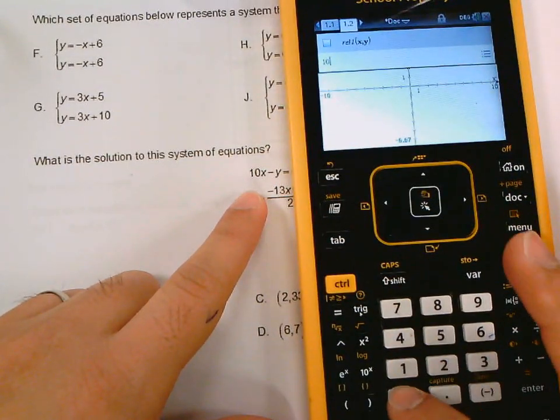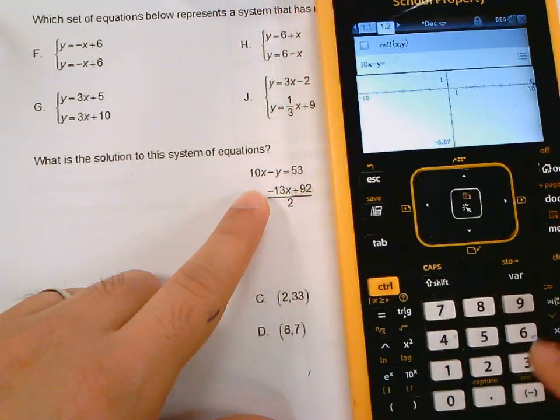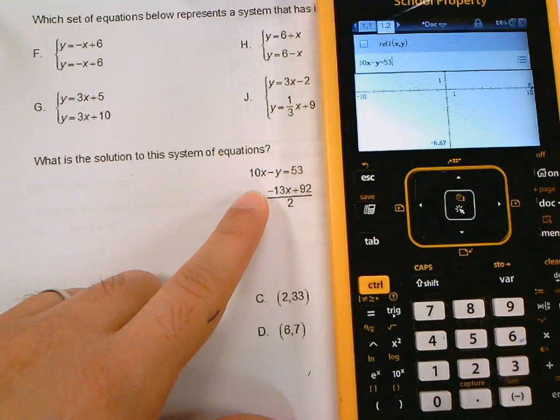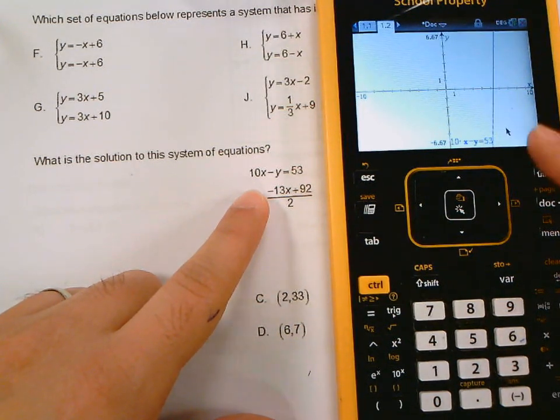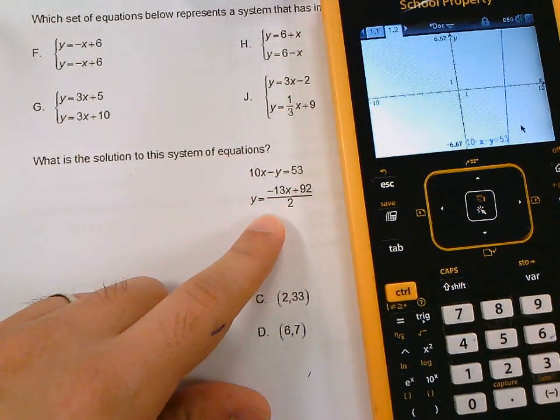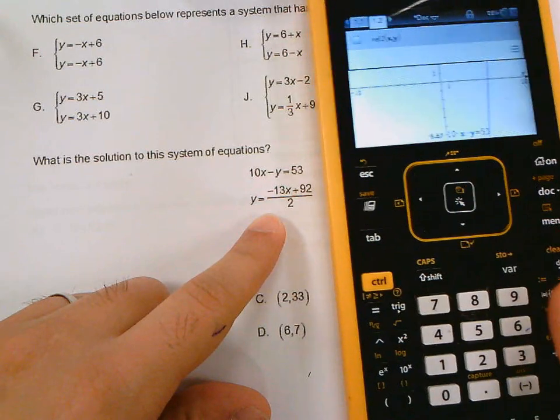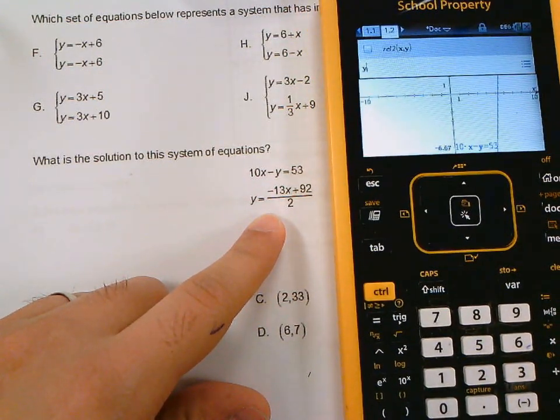Okay, now let's plug in the first one. We have 10x minus y equals 53. So I'm going to hit enter. That gives me my first graph. And excuse me. Now in order to graph the second one, I'm going to do y equals.